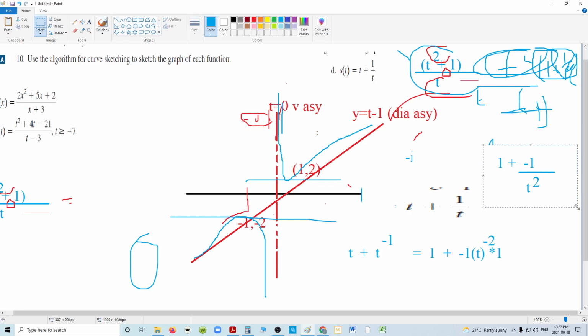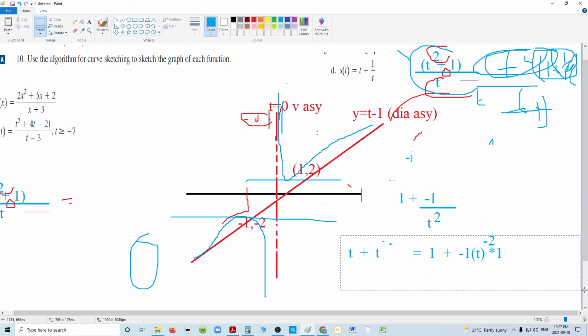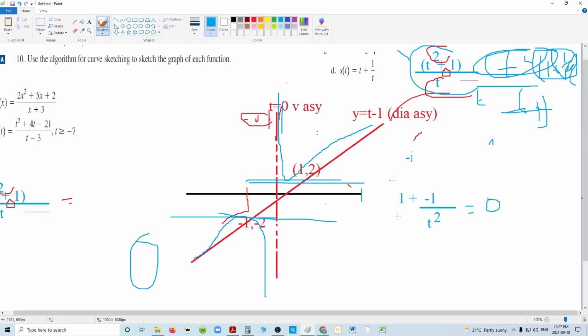All we do is we have to set it to 0 to figure out what values will have a max or a min. So we're going to start by subtracting 1 from both sides, multiplying it by t squared.